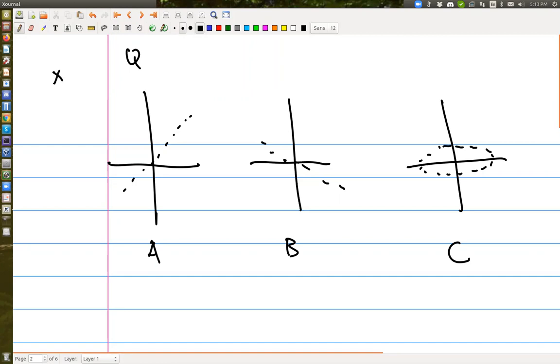So x is a random variable that I sample in the space here. So x1 is this axis, x2 is this axis, so on, x1, x2, x1, x2. Now all of them are zero mean data. Now, which one is rho 1,2 equal to maybe 1? Case A, case B, or case C?